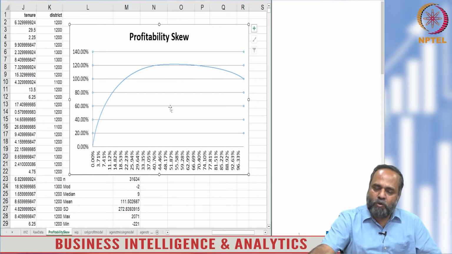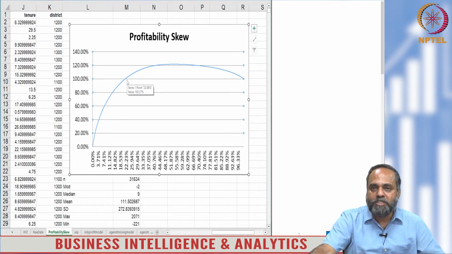That explains that almost 50% of the customers constitute the whole profitability of the bank, and then there are a lot of loss-making customers.